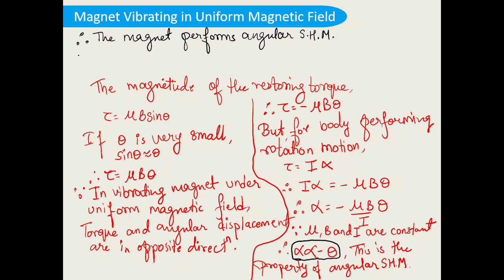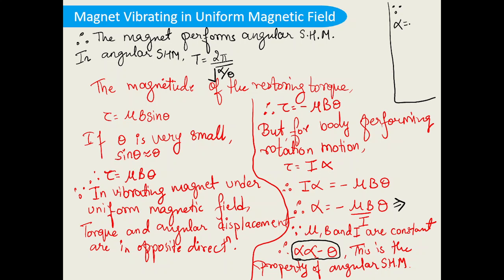Now, since we know it is performing angular SHM, in angular SHM the time period T equals 2 pi under root of theta divided by alpha. If we neglect the negative sign, since alpha equals mu B theta divided by I, we consider the magnitude, not the direction.